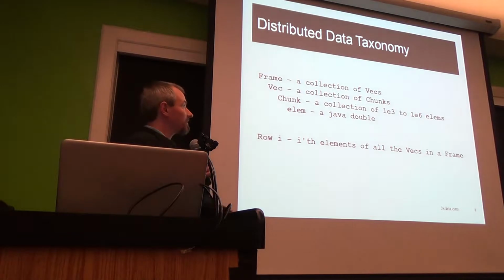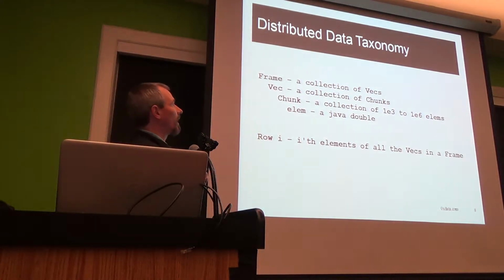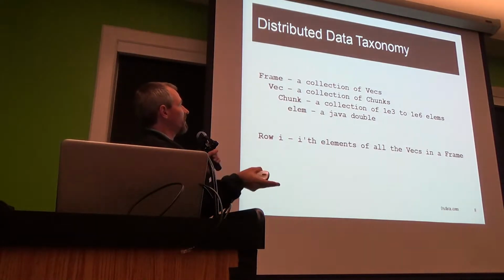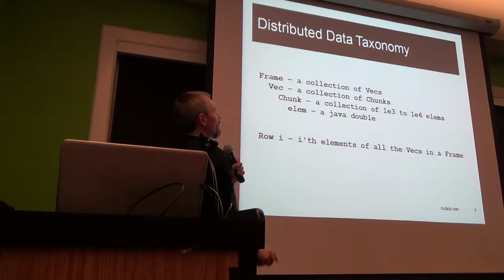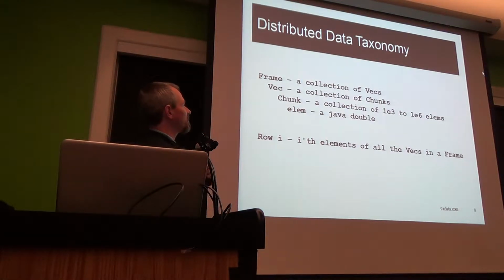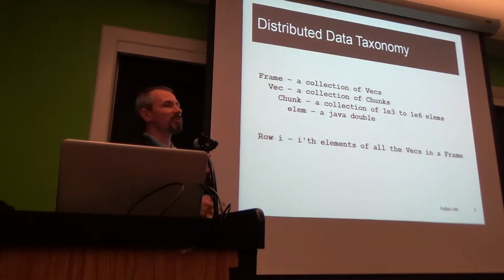So to summarize, I've got a frame which is very similar to an R frame. It's a collection of vectors. The vectors can be billions of elements long. They're broken up into chunks, which are big enough that I can do efficient batch processing on a chunk. A chunk might be 1,000 to 1,000,000 elements. An element is conceptually a Java double, although how it's stored in memory is up to the compression scheme. If I have a column full of booleans, it will be stored in memory as a bit set.